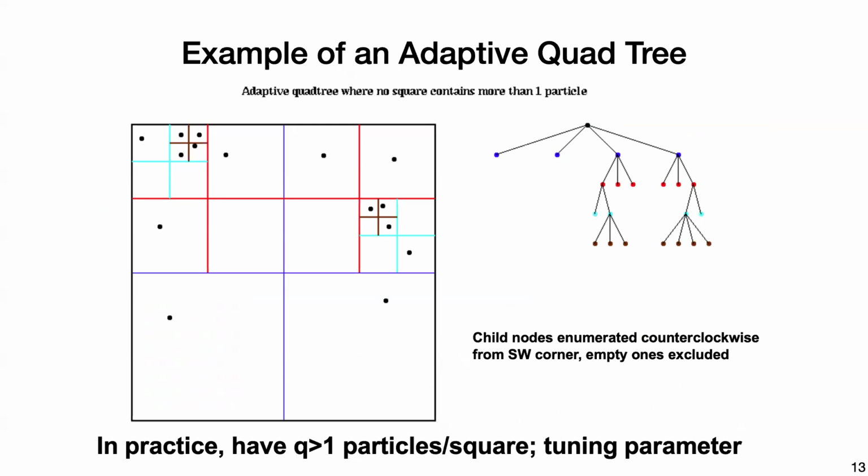And then this only had 3 children because there's nothing in this one. So you just continue branching if there is something in that subquadrant. And in practice, the leaves probably wouldn't have just one particle. They would probably have order one particles, where that's some cutoff that you can tune.